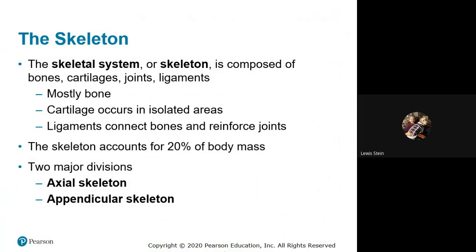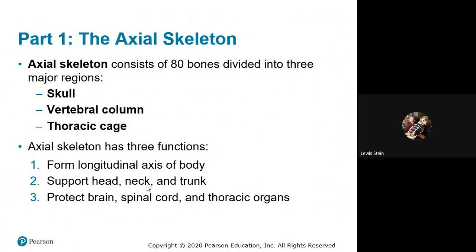The idea of being able to recall this, to me, is all about being able to put it into packages. The first package we're going to deal with is axial, and the next package will be appendicular. By definition, the appendicular skeleton is not only the extremities, the appendages, where it gets its name, but the connectors, which means the hip and shoulder assemblies as well.